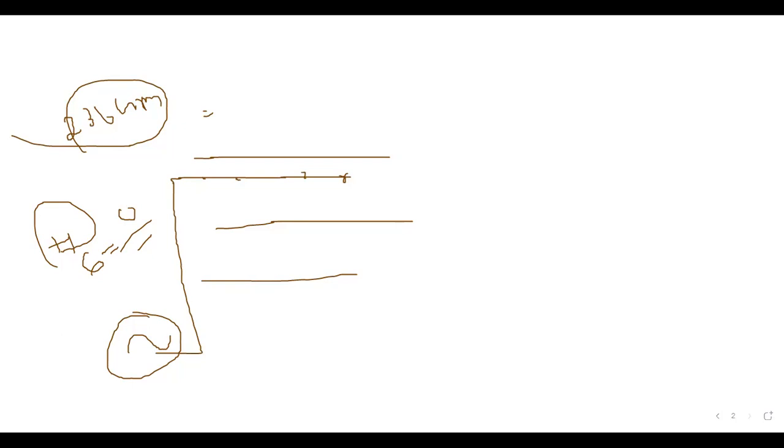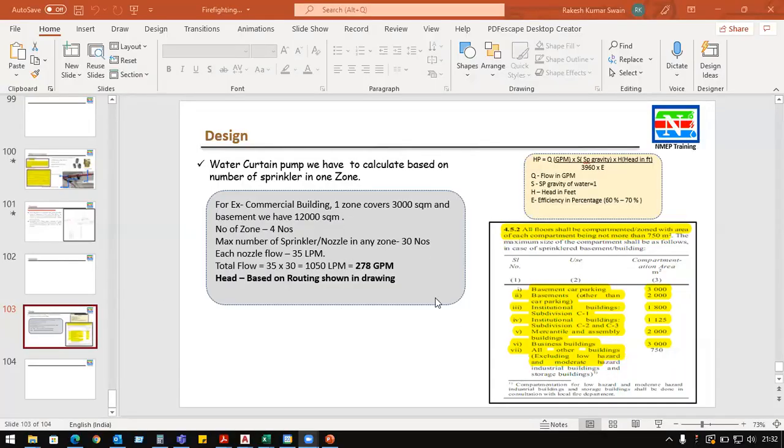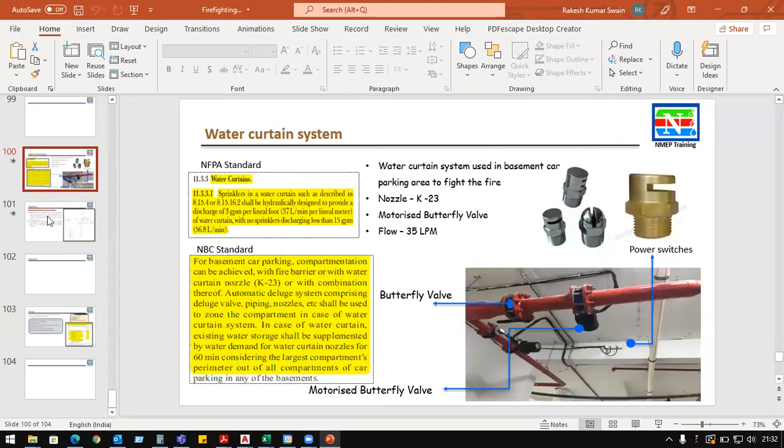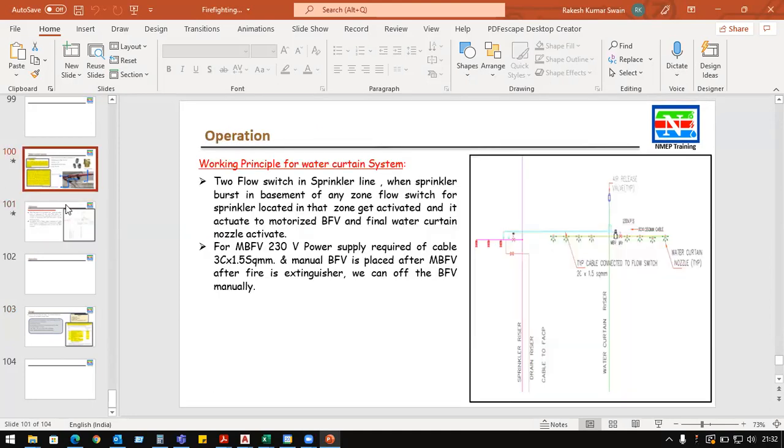Here, for the last item, you make it 3, 3 bar. Right, so based on that, we'll calculate the pump capacity. This is the task. Both tasks you have to submit, Shiv Kumar and Dilip.